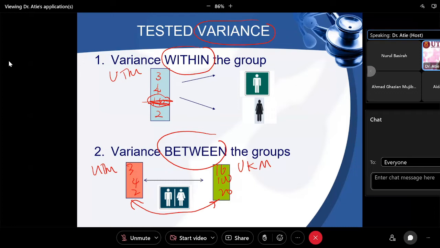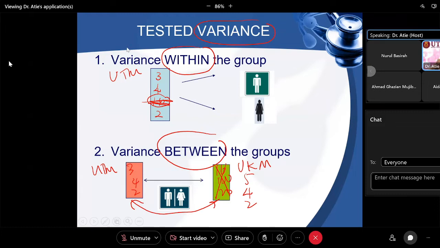One has very low marks, the other has very high marks. So we need to make sure the variance between the groups, between UTM and UKM, is also equal. So maybe we can take respondents like 4, 5, 2, okay? They look similar, or the difference is not big, right? So do you understand? Do you understand?